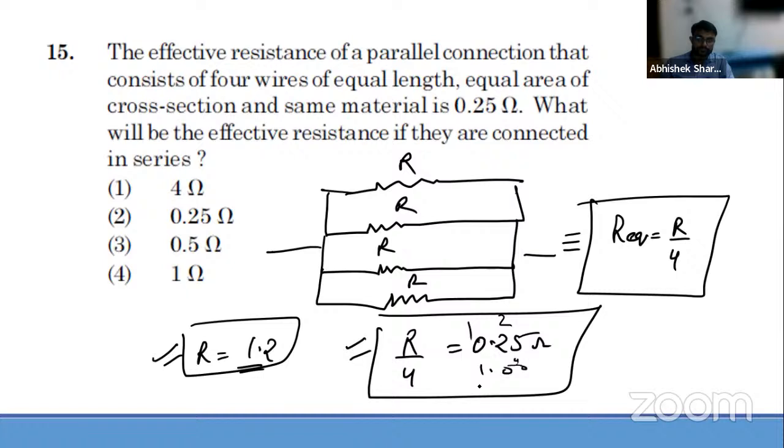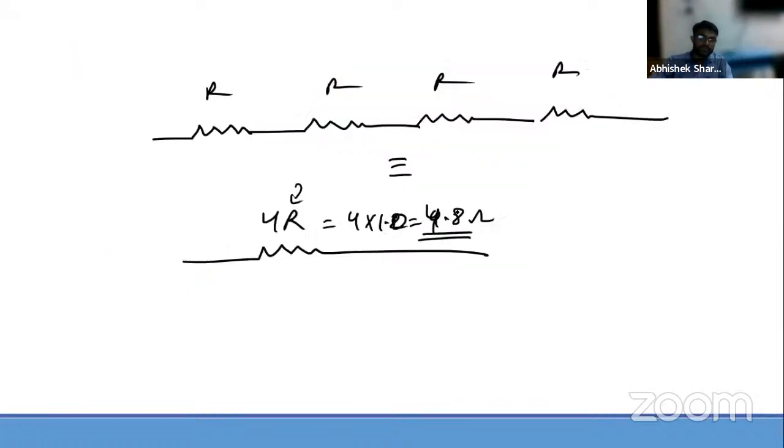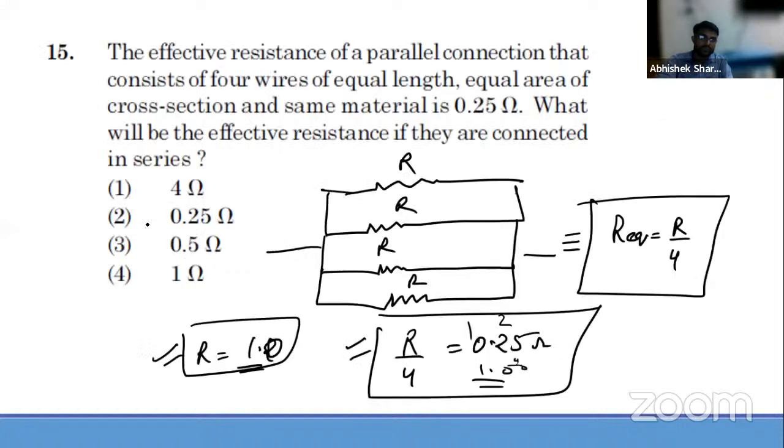Sorry, it's 10. It is 1.0. So this is 1.0. This will give you 4 ohm as the answer. So the net answer is 4 ohm.